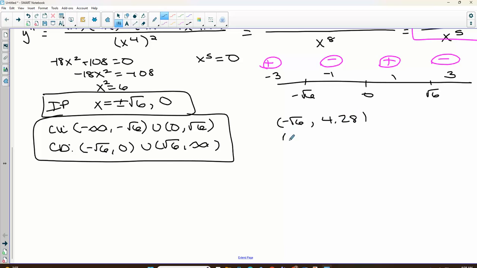We put in a positive radical 6, we get a negative 4 point, I guess it's really 4.29. We could be more precise with this, but we're just trying to figure out exactly where to plot it on our graph.